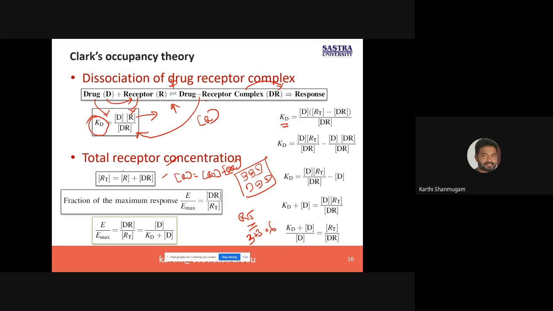If we substitute that at the R position in the equation, we get Kd is equal to the concentration of the drug times RT minus dr over dr. Is this expression understandable?